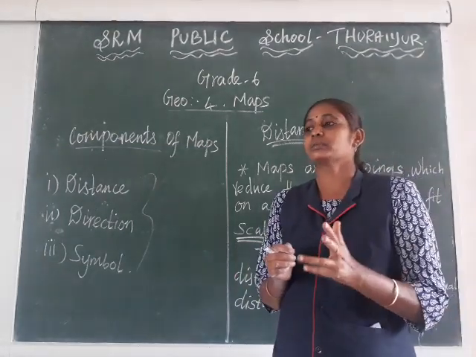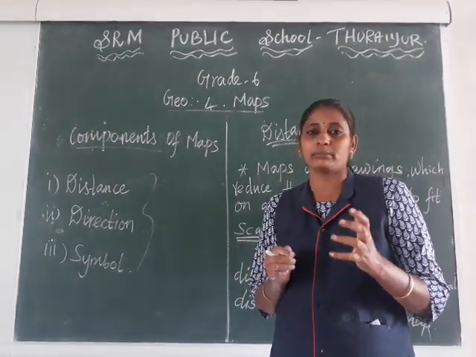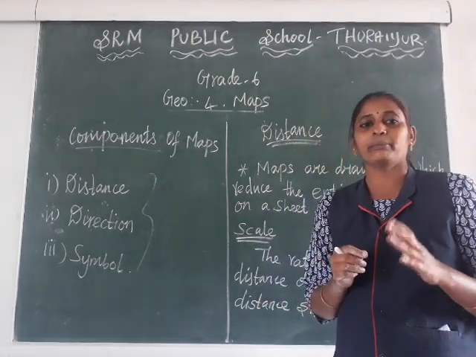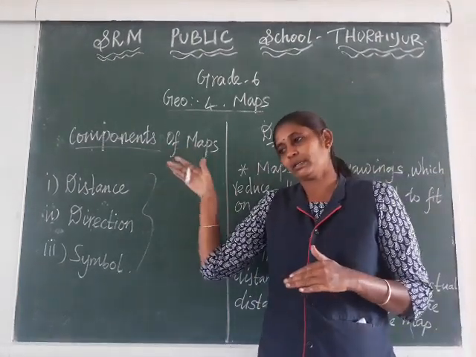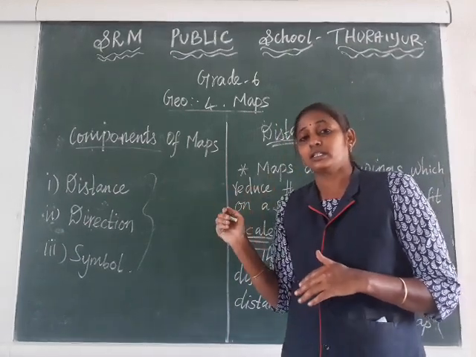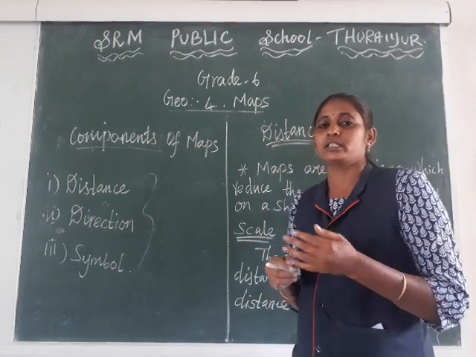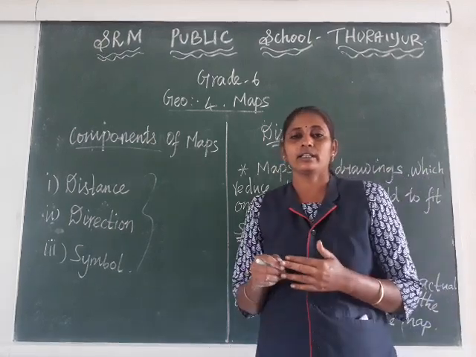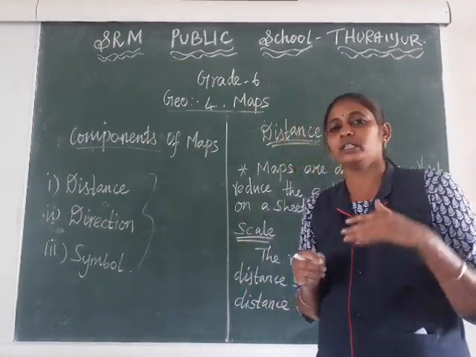See, suppose, take an example, you are taking a world map. In that world map we can see North America, South America, Europe, Africa, the Asia continent and the Antarctica continent. Like that we have continents and oceans.